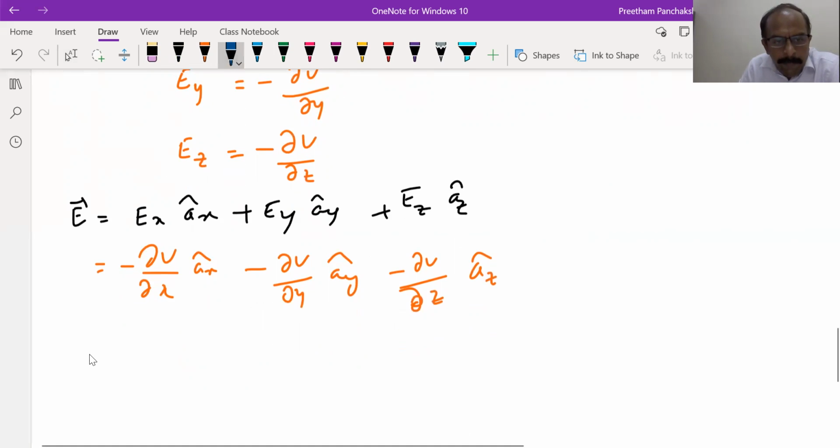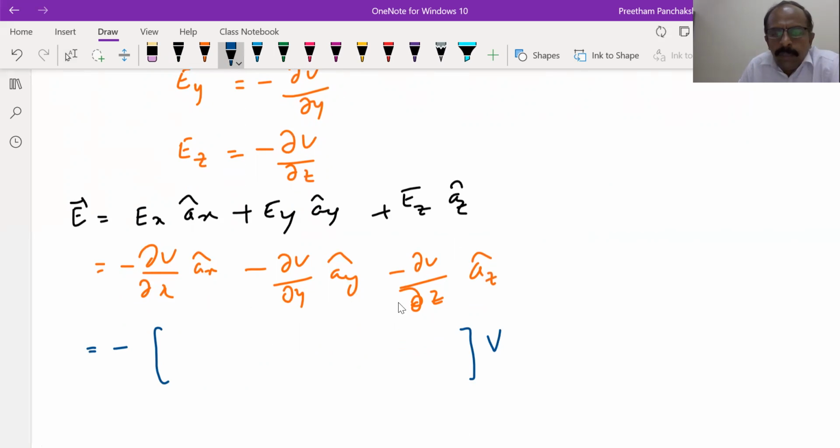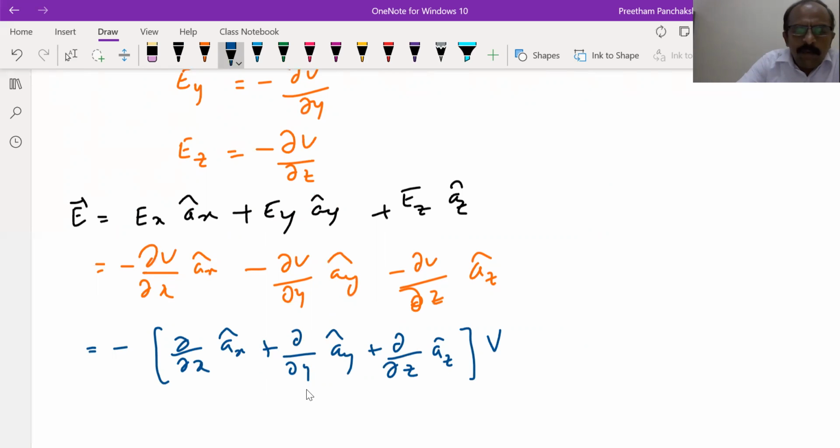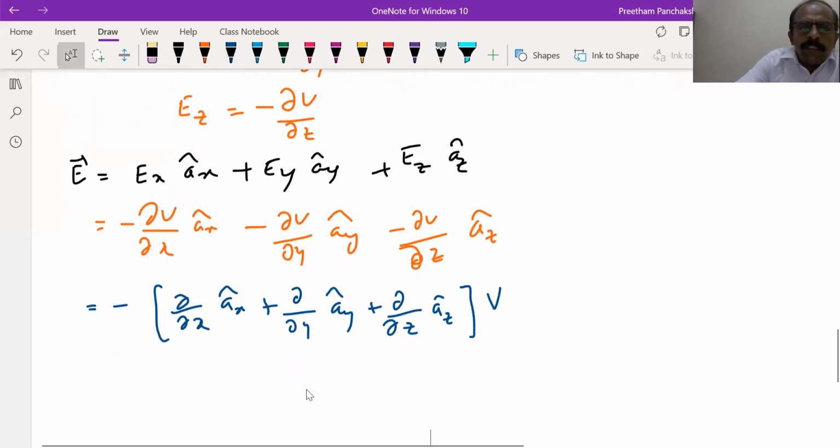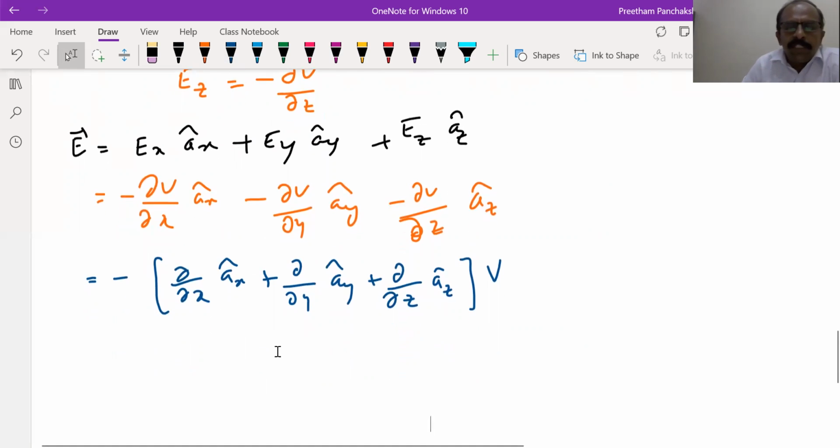And in the next step, I can take out minus, and also I can take out V. V is a scalar function, so it can be taken out. So what we are left with is dou by dou x, dou by dou y, and dou by dou z. So this term does not include any physical quantity, like electric field, electric potential, or electric flux.